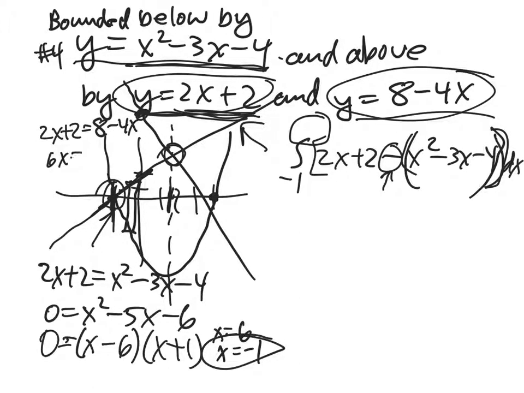So we'd have 6x equals 6, x equals 1. A little bit off on my graph, but not too bad. Which one are we looking at? This point right here should be x equals 1. Okay. So that takes care of this part of the bounded region.